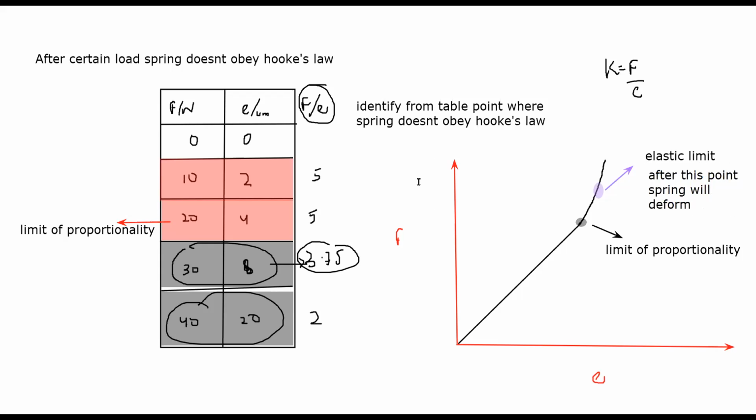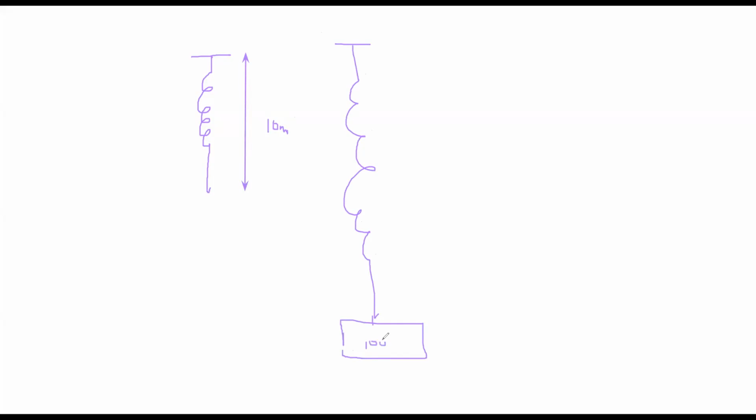So practically, you can find the elastic limit, but theoretically on the graph you cannot identify it, you just have to mark this point. So what does elastic limit mean? If we have a spring, and the length of the spring is say 10 centimeter. I add a load of 100 Newton to this spring, and its new length, originally it was 10, is now 15 centimeter.